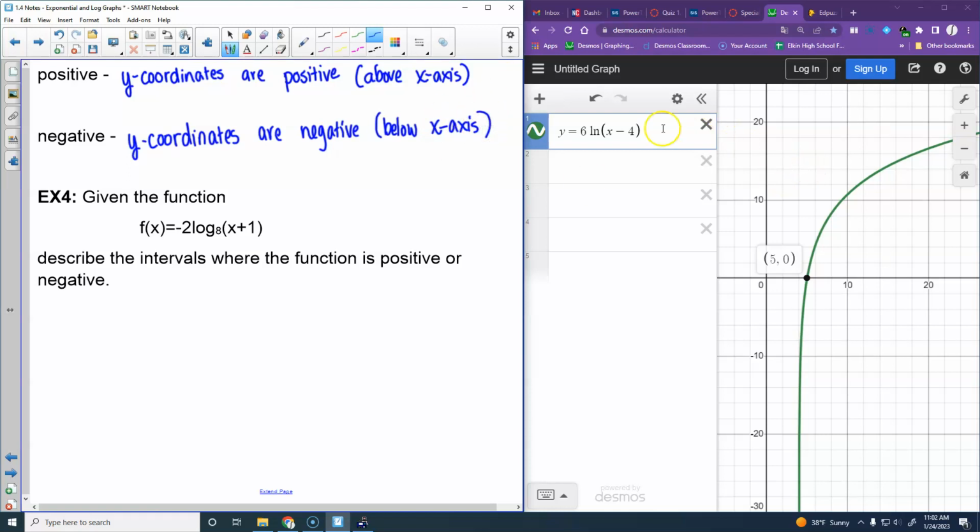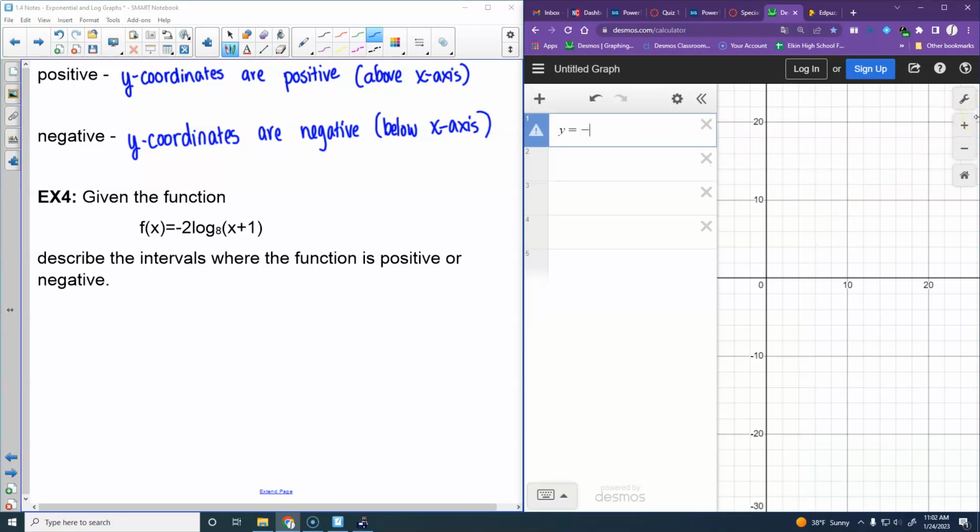So let's look at this function. Y equals negative 2 log base 8 of x plus 1.